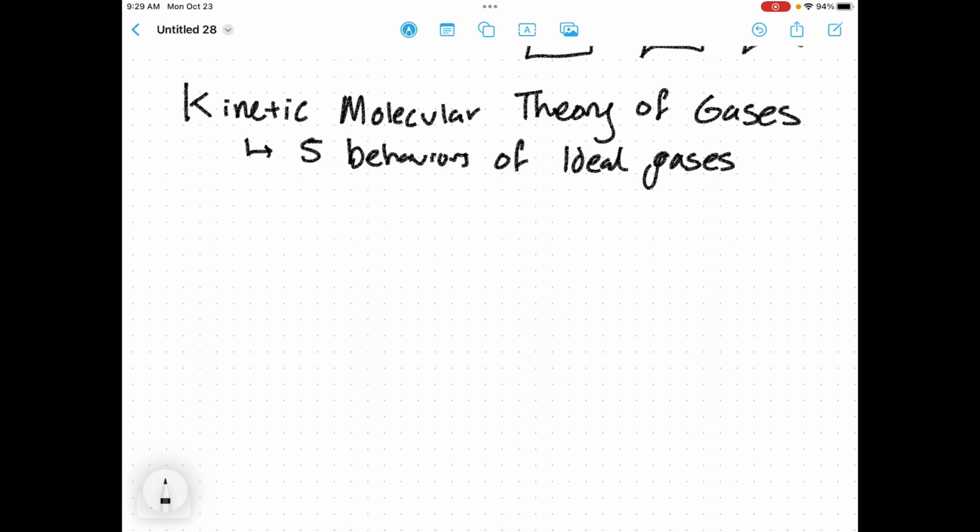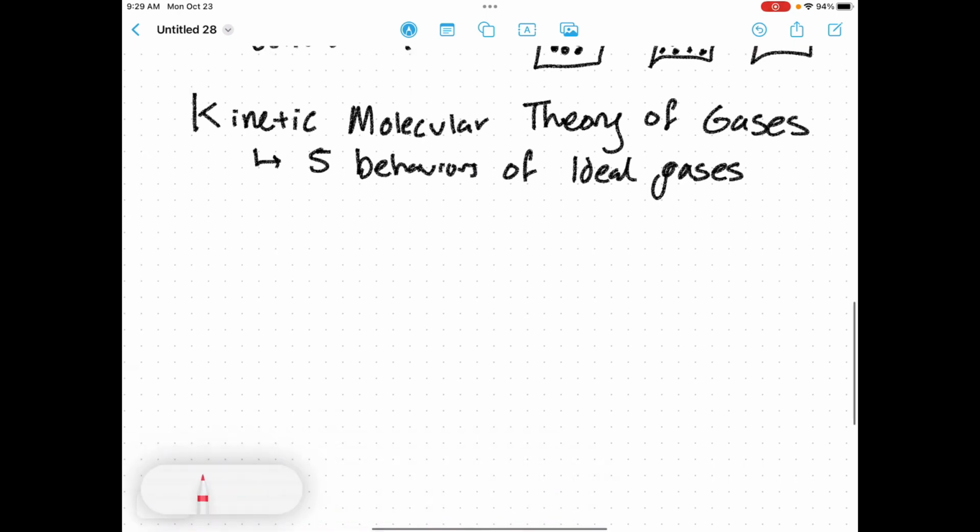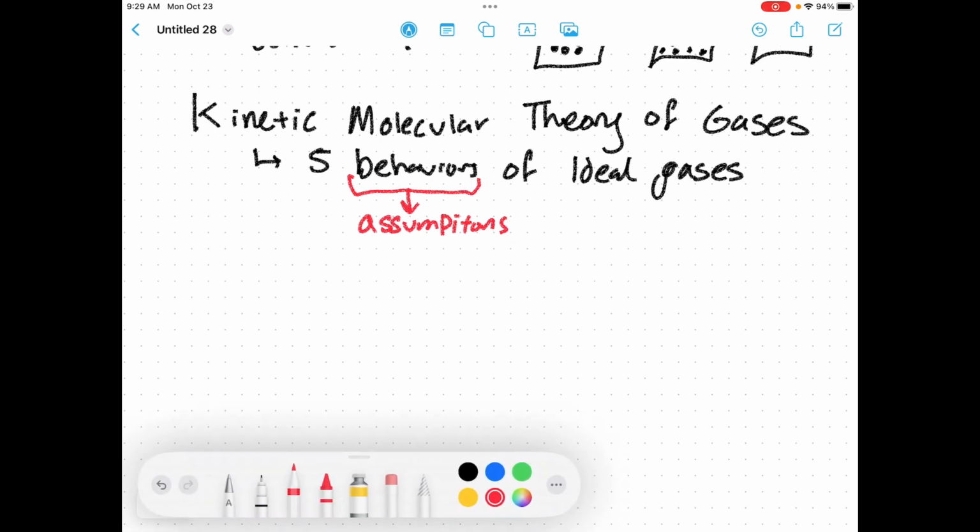Instead of behaviors, a better word would probably be assumptions. These are 5 things that we expect an ideal gas to do.